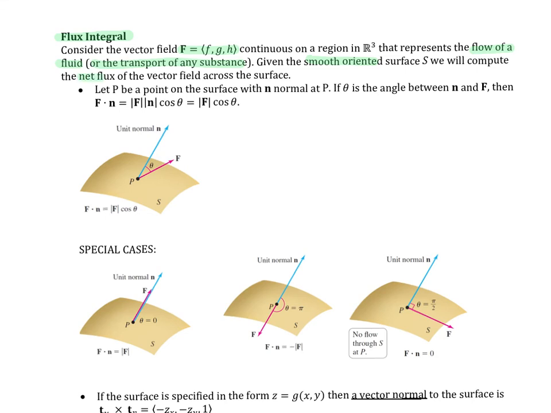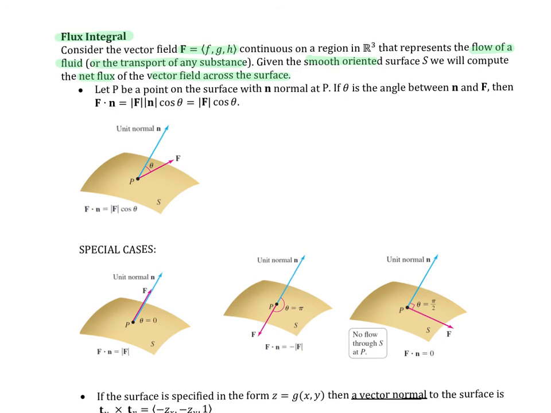And we're going to compute our net flux of our vector field across the surface. So before, in two-dimensional space, we were looking at flux on a curve, and it was a closed curve, but now we're looking at this nice smooth oriented surface and we're going to compute flux across the surface. So all we're doing, remember, net flux, is we're just adding up all the outward normal vectors.